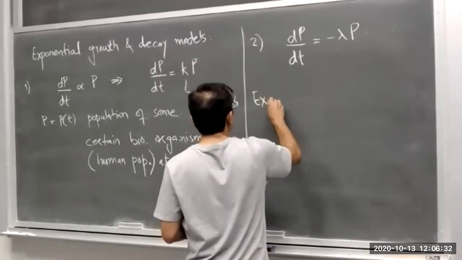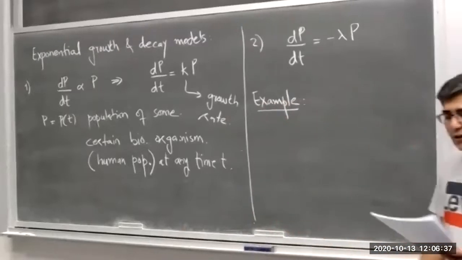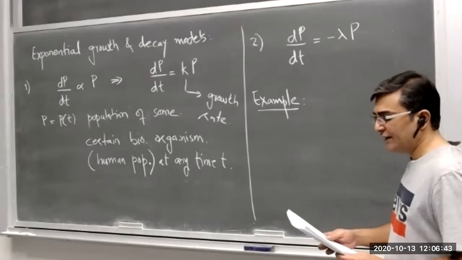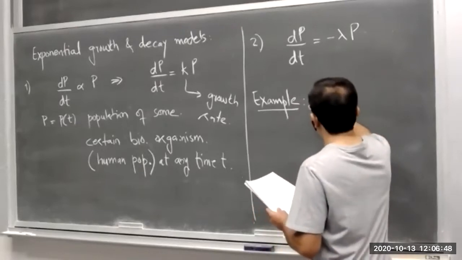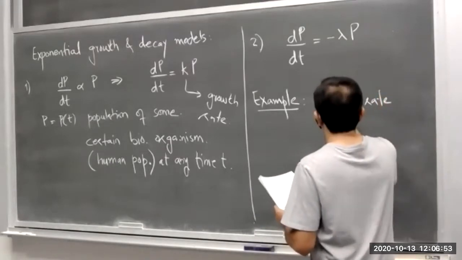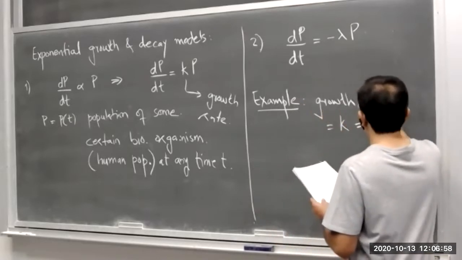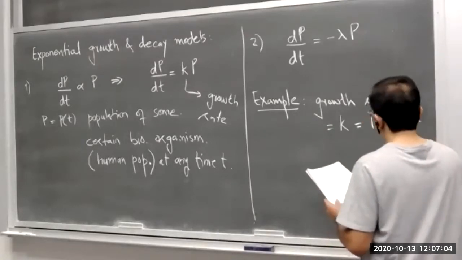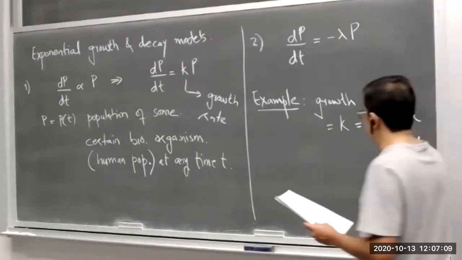Example: A culture of bacteria grows proportional to its current population. If the bacteria grows at a rate of 10% per hour, what is the growth rate? Growth rate, you can say it is K, and it is 10% per hour. What will be the population of bacteria in one day?